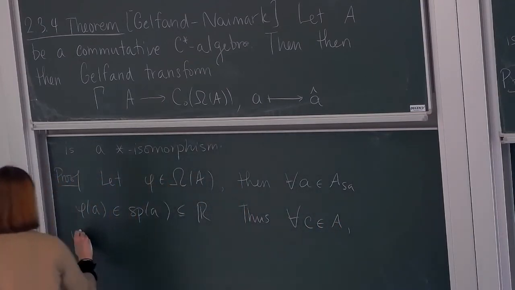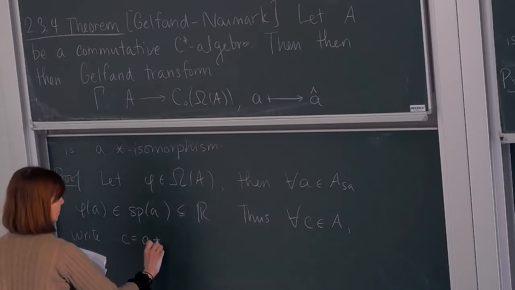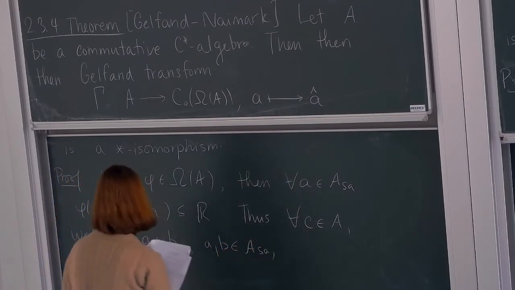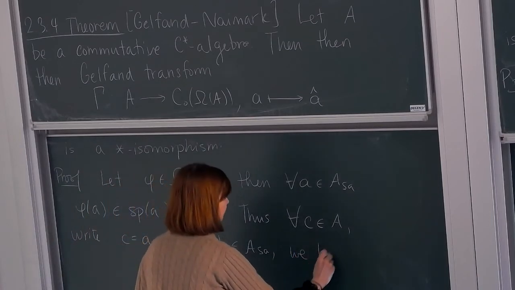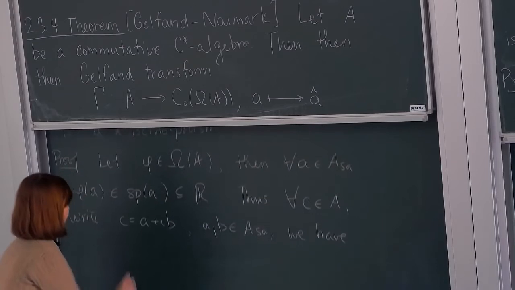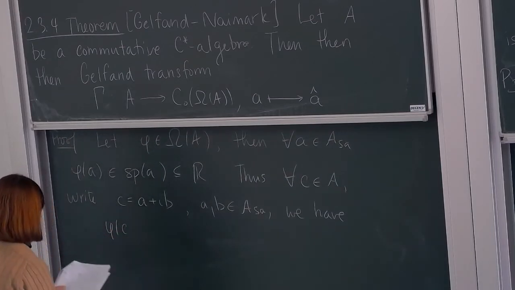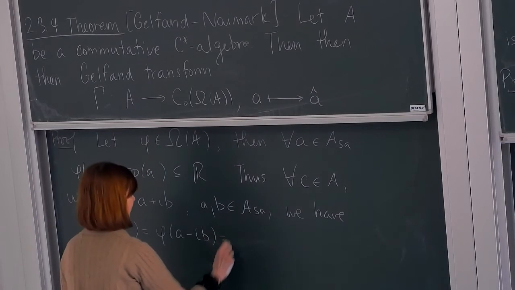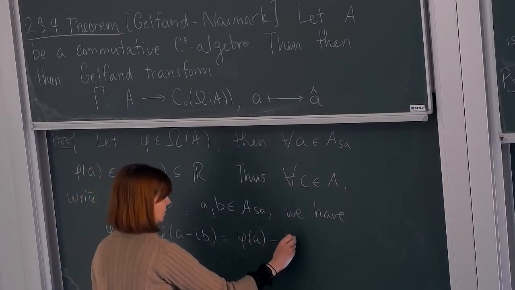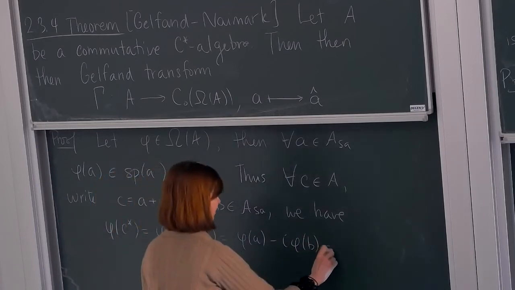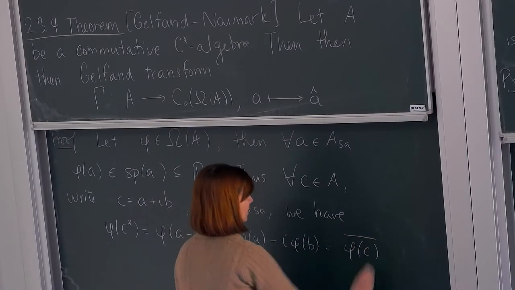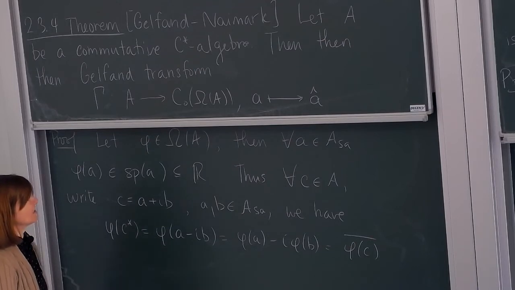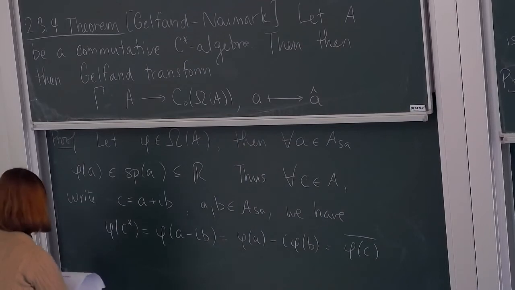if we write A equals B plus iC, where B and C are self-adjoint, we have that phi of A star is phi of B minus iC, and that is, of course, the same as phi of A conjugate.